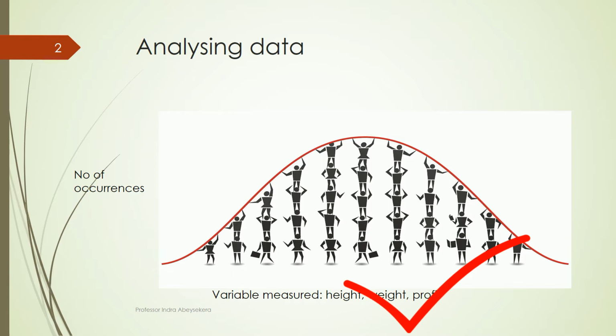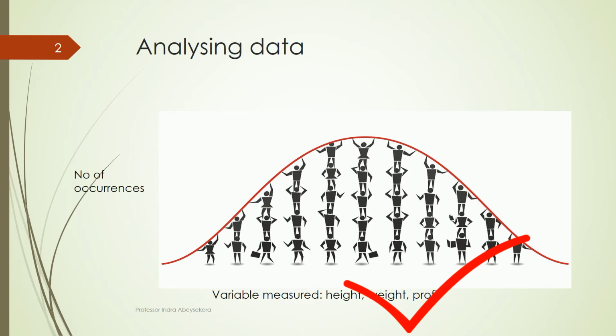For example, with the height of people, there's an average height, lots of people are of that similar height, and there are very few people who are short and very few people who are very tall. So it goes with weight and profit.